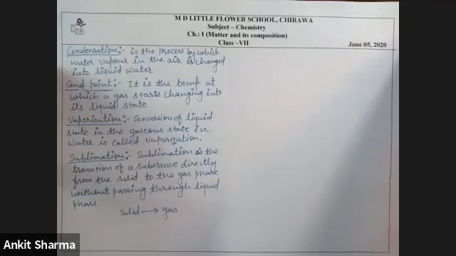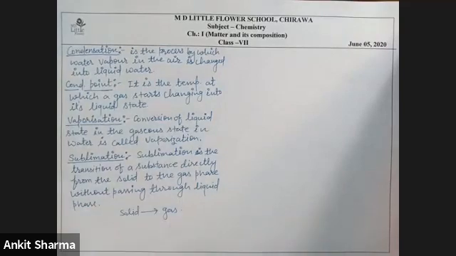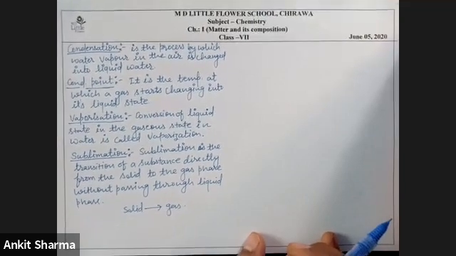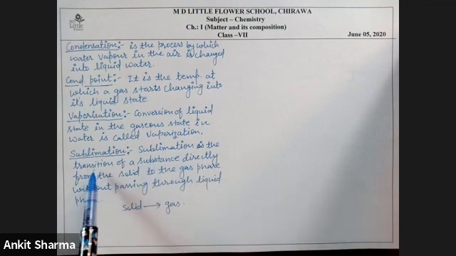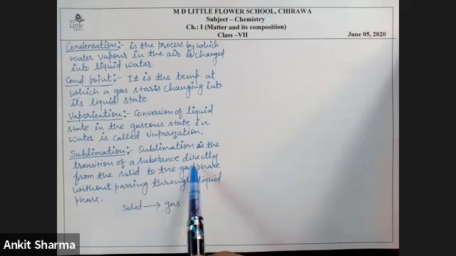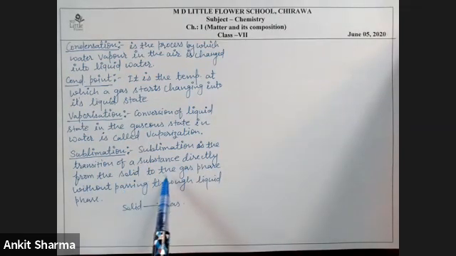When we use camphor in puja, have you seen camphor, beta? The camphor tablets we use when we worship God and do aarti, then that camphor will convert directly from solid state to gaseous state. It will not convert into liquid. That is sublimation. Sublimation is the transition, a process of converting from one state of matter to another, of a substance directly from the solid to the gas phase.